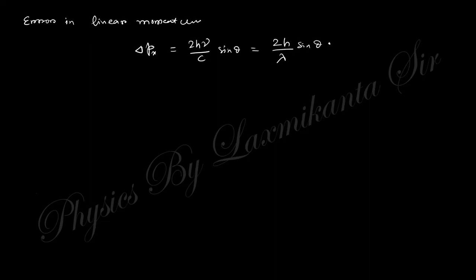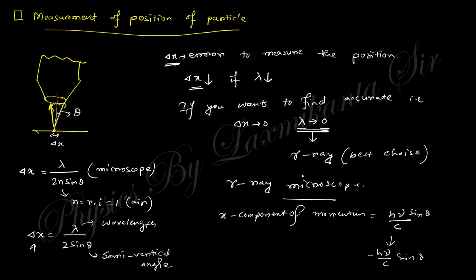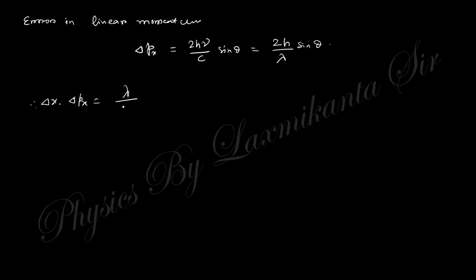Now take the product delta x into delta px. Delta x is lambda by 2 sine theta and delta px is 2h sine theta by lambda. Lambda cancels, sine theta cancels, and we get h, which must be greater than h by 2 pi. So delta x into delta px is at least h cross.